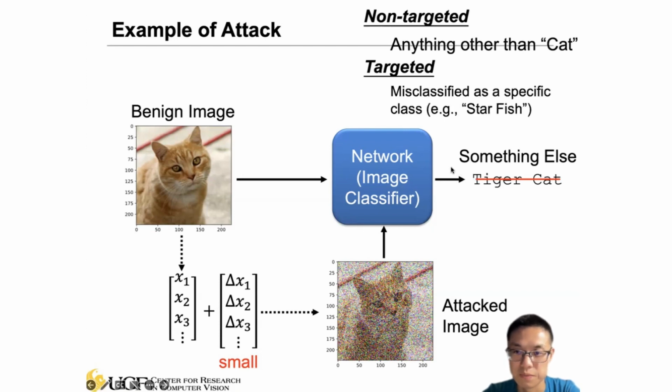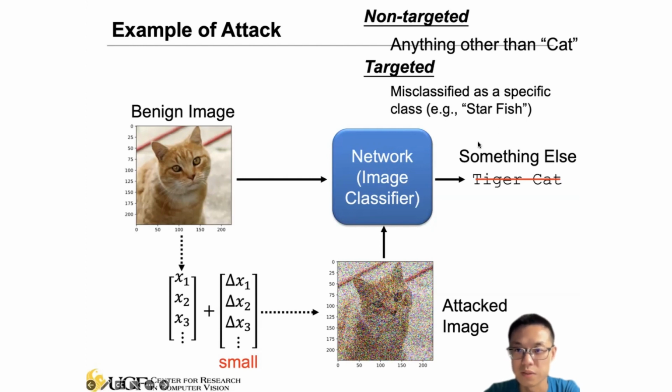But if we are interested in a targeted attack, then we can designate a specific label or class for the network to output. So we want the network to output a label that is, maybe, starfish, not tiger cat or any other random class, but specifically a starfish.